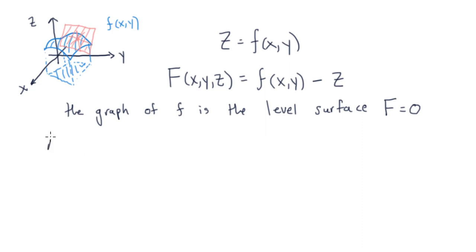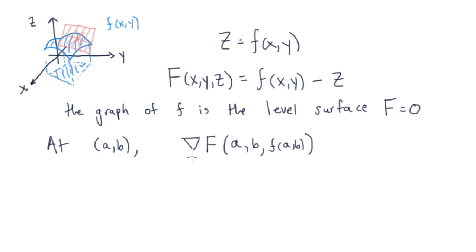So at the point (a, b), I take the gradient of capital F and evaluate it at a, b, and a z-coordinate. I'm going to evaluate it at the z-coordinate that is on this level surface, in other words, just f evaluated at (a, b), the z-coordinate of the function.